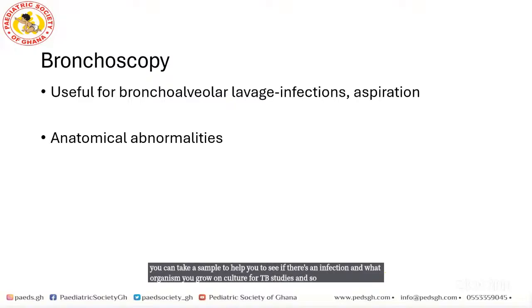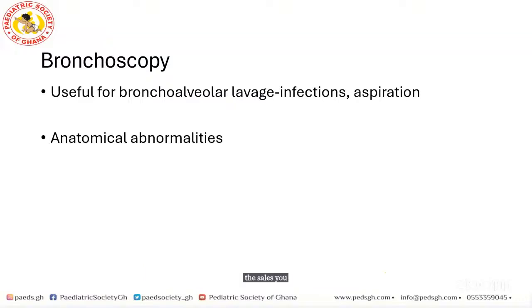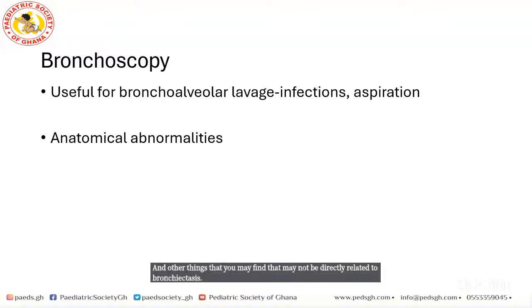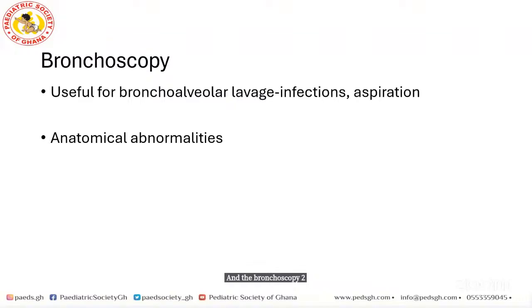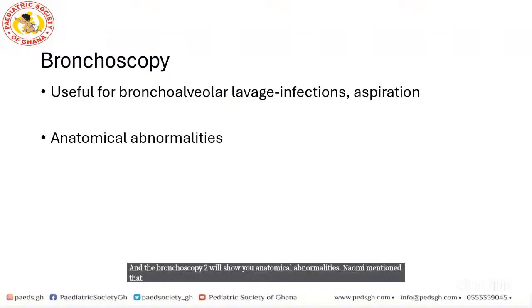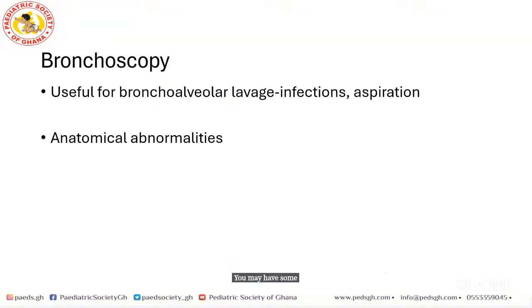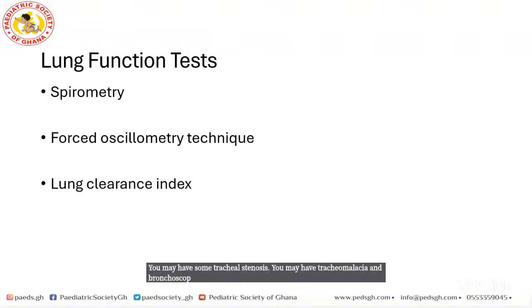You can use it to diagnose aspiration when you do cytology, because you may have lipid-laden macrophages and other things that you may find that may not be directly related to bronchiectasis. And the bronchoscopy too will show you anatomical abnormalities. Naomi mentioned that you may have some tracheal stenosis, you may have tracheomalacia, and bronchoscopy can tell you that.